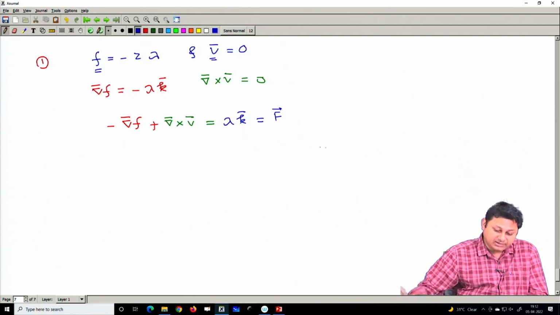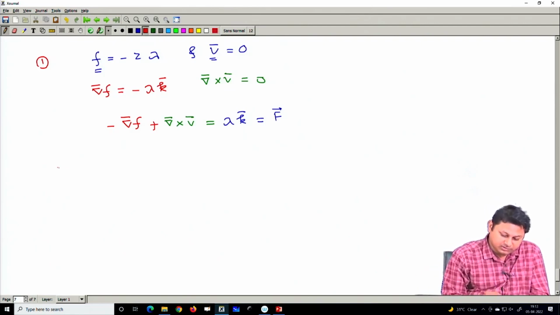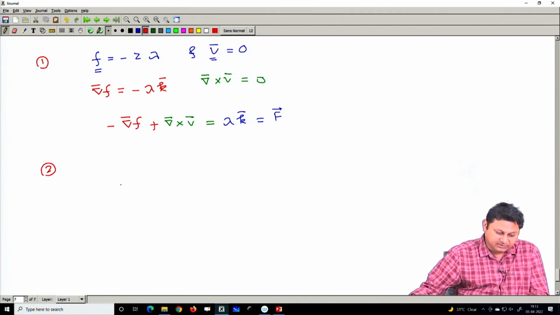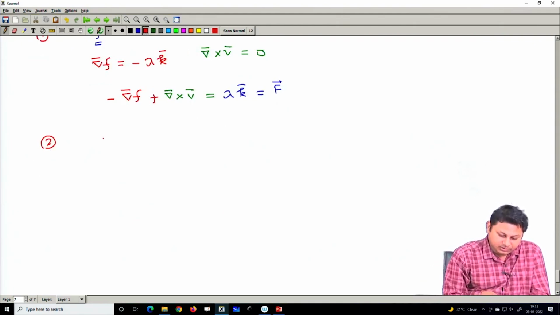Now I can make another choice, my choice 2. So let us make another choice. The second choice is simply I put f equal to 0 and v equal to x lambda j.